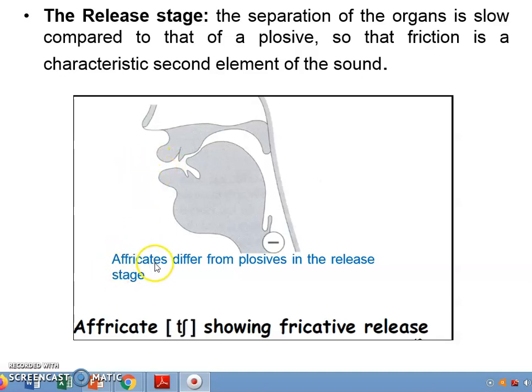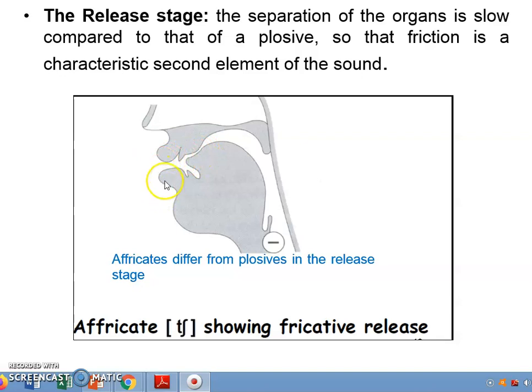So affricates and plosives differ in the last stage, in the release stage, because plosives are released with explosion, because the organs separate abruptly, while affricates are released with friction because the organs separate more slowly. As you can see in this figure, you have to imagine the air going out with friction.